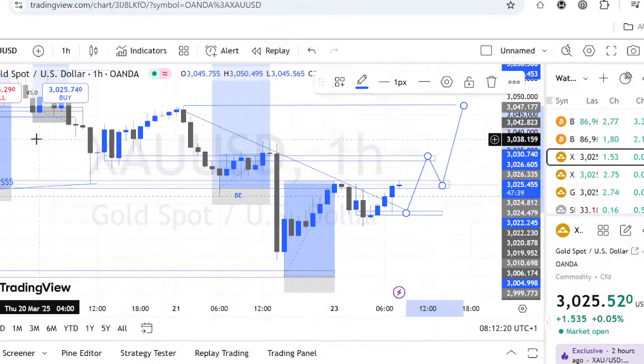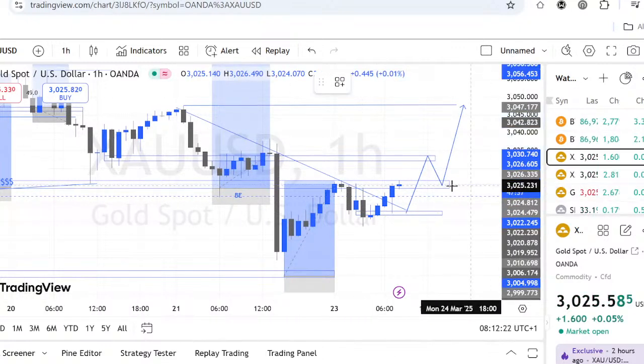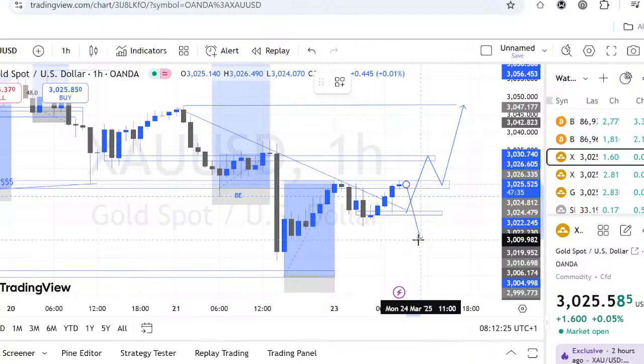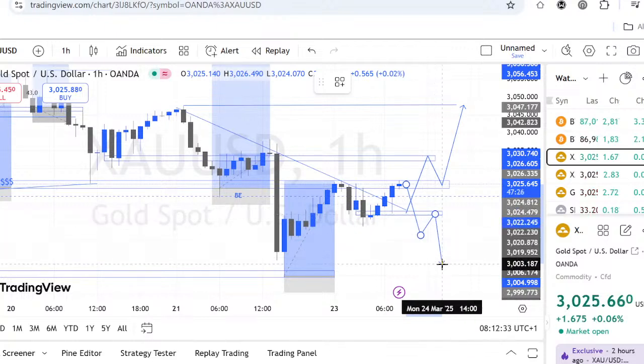Like this, and then let's draw the next one, rejecting here and then coming back down here. This is just breaking this a bit, coming back to retest here, and then go down to 30.04, if possible even down to this zone here.